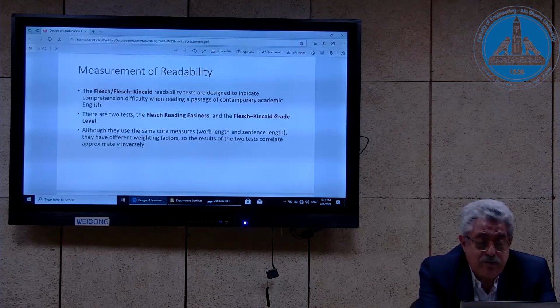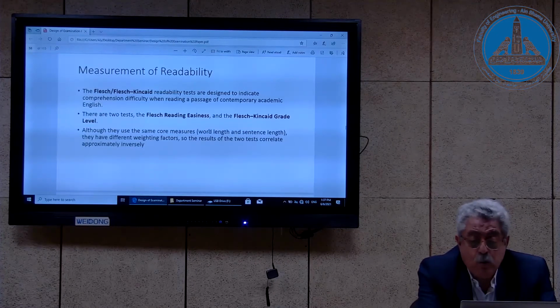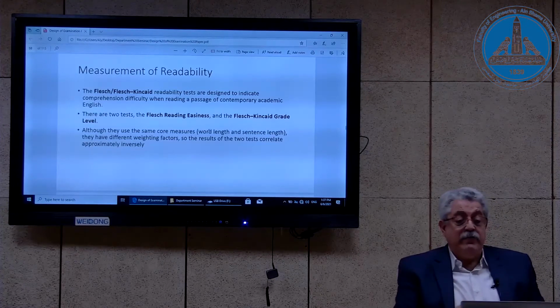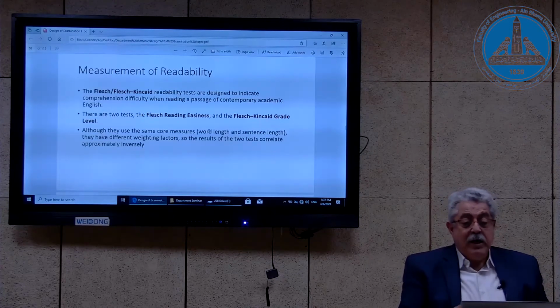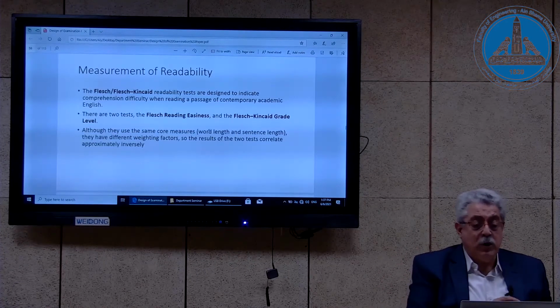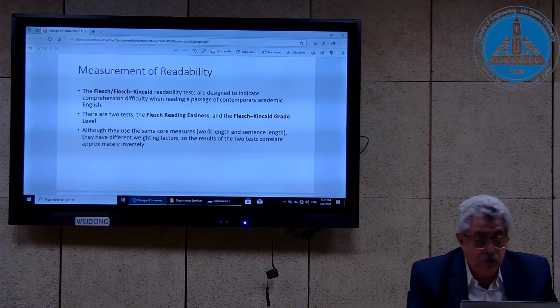We have seen the Flesch reading ease before. Although they use the same core measures like word length and sentence length, they have different weighting factors, so that the results of the 2 tests correlate approximately inversely. Inversely means a higher value for the measure in one of these scores corresponds to a lower one in the second score, as you will see here.